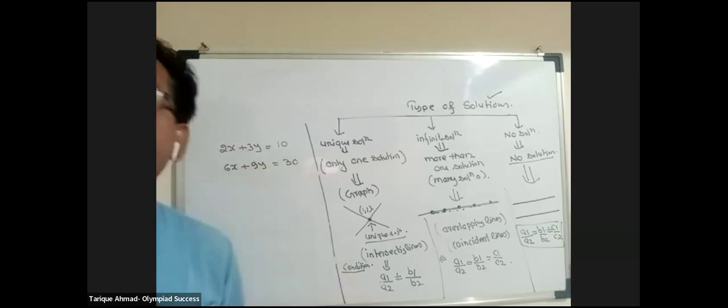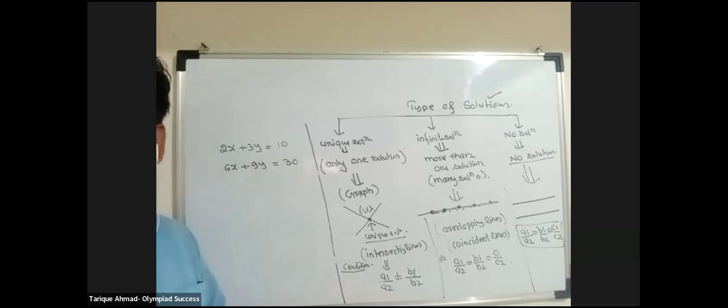Now tell me, what kind of solution will you get? Infinite. That is the value of a1 by a2 and b1 by b2. What kind of solution will you get?